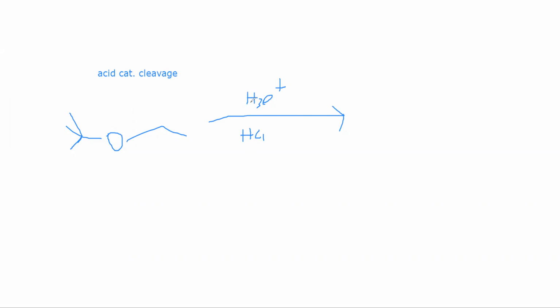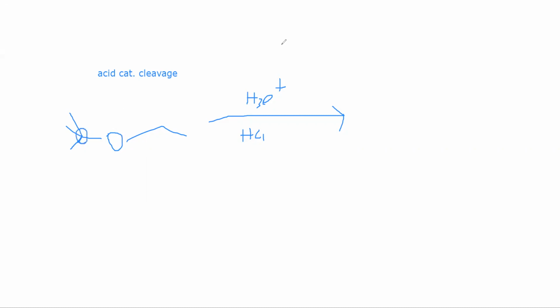You don't have to consider what's going to go where. But if you have HCl or HBr or any other kind of acid besides H3O plus, then you do have to consider that this cleavage could either be SN1 or SN2. And how it goes depends on both sides of the ether. So you should look at whether they're primary, secondary, or tertiary.